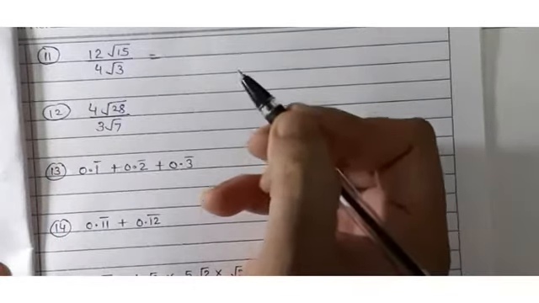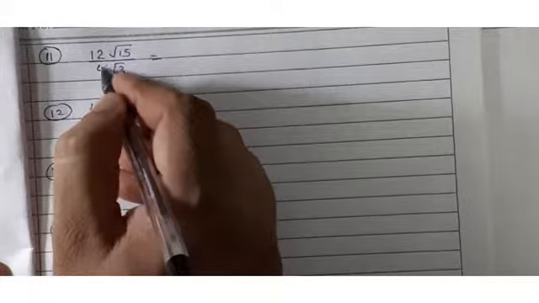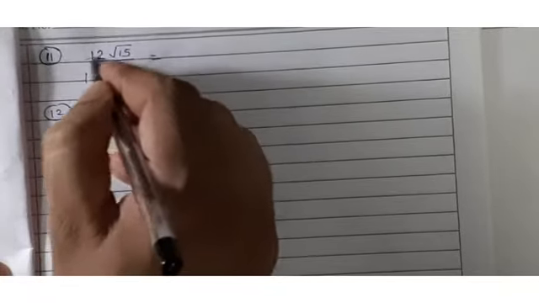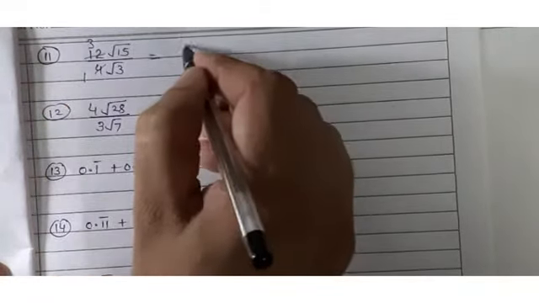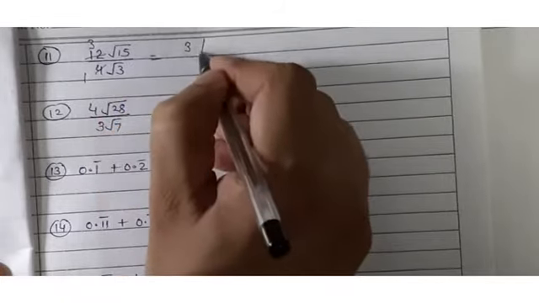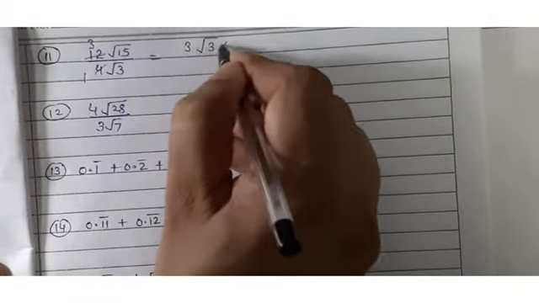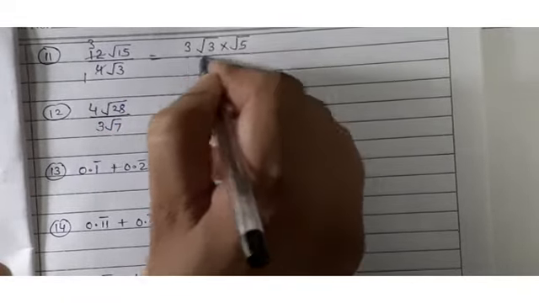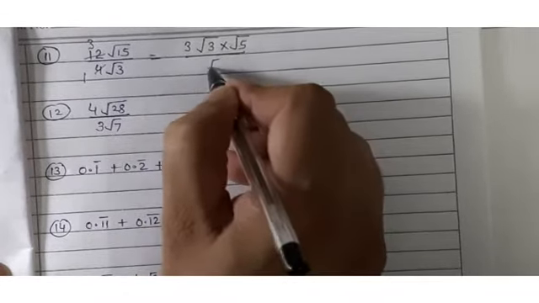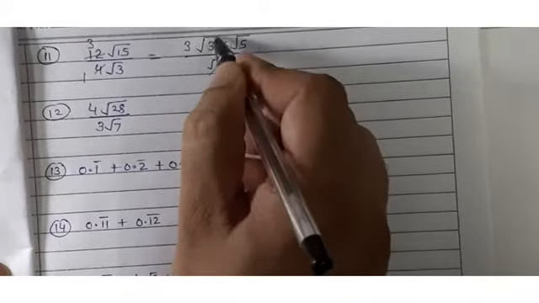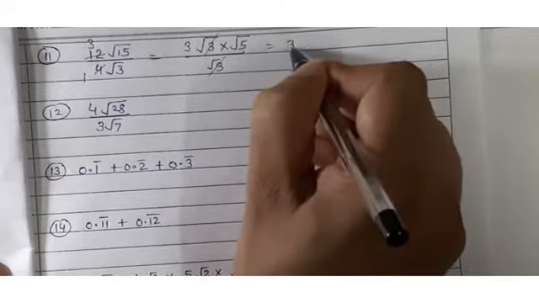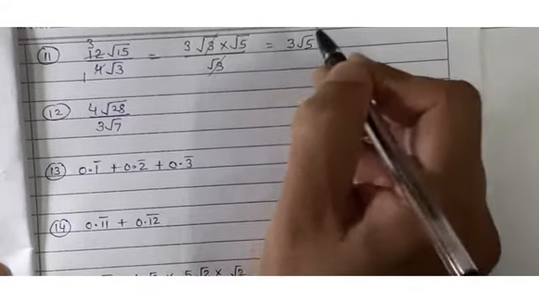Yes, come on, question number 11. This is 12 root 15 upon 4 root 3. You have to simplify it. I am simplifying directly on the question here. 4 1s are 4, 4 3s are 12. Under root 15 can I write here under root 3 into under root 5? On the denominator under root 3 is already there. Root 3 to root 3 cut. This answer will be 3 root 5.